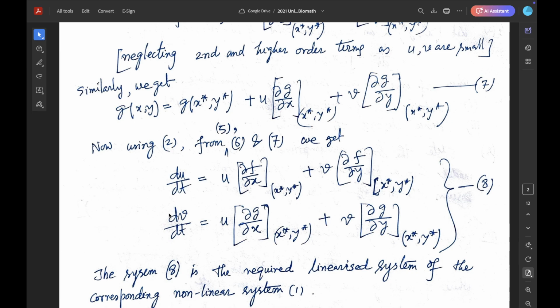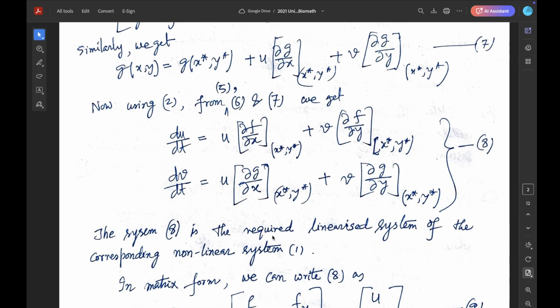And similarly, dv/dt = u ∂g/∂x at (x*, y*) + v ∂g/∂y at (x*, y*). System 8. This system 8 is the required linearized system of the corresponding nonlinear system 1, that is the given system.